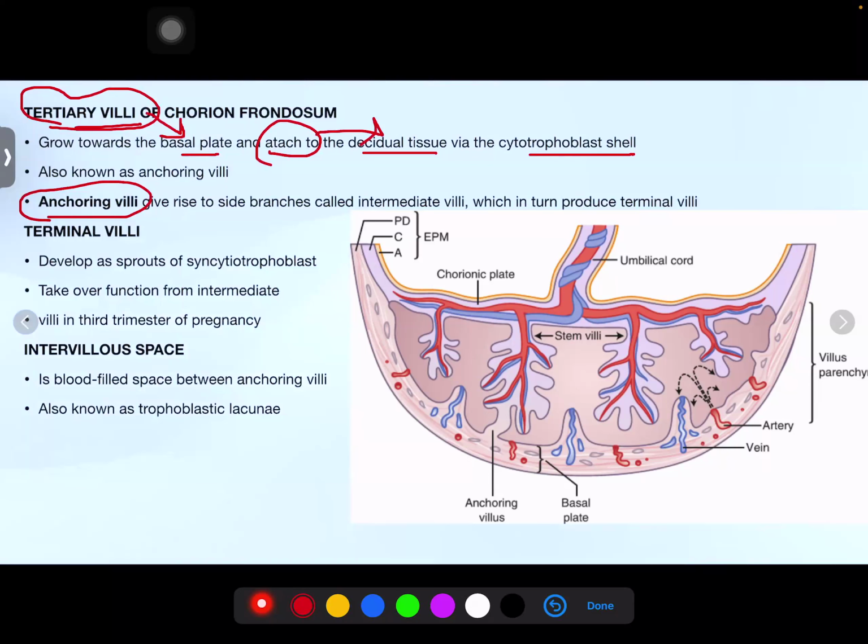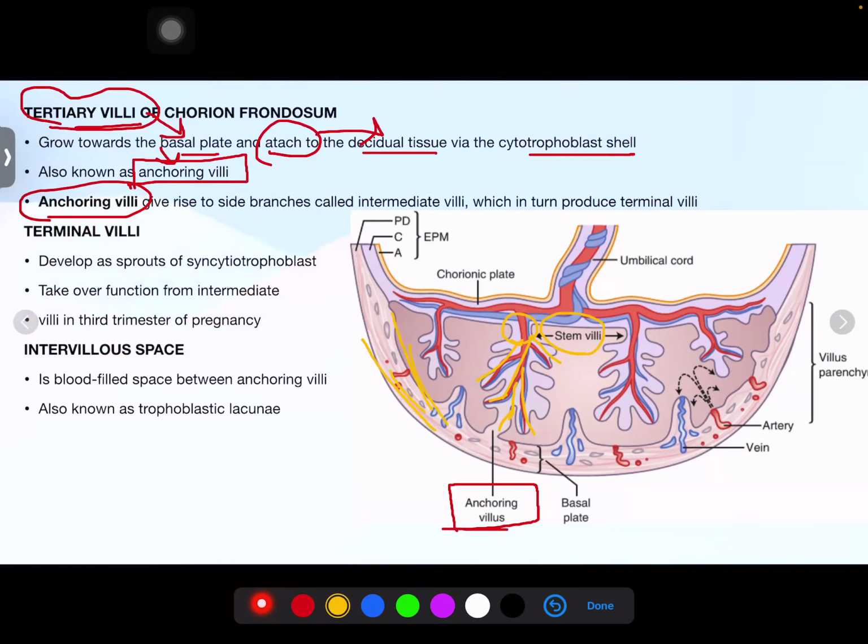Okay. So if it attaches, then it is called the anchoring villi. See this anchoring villus in the diagram, in yellow. This was the basic stem villus, the primary villus, going to secondary, tertiary, and then the villi attach to the basal plate.